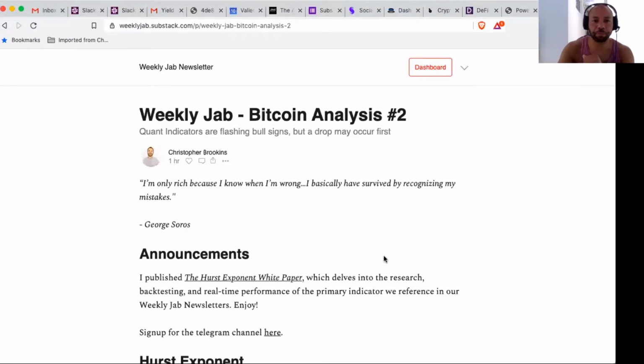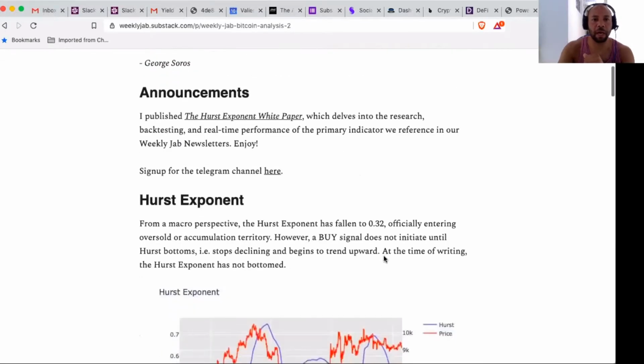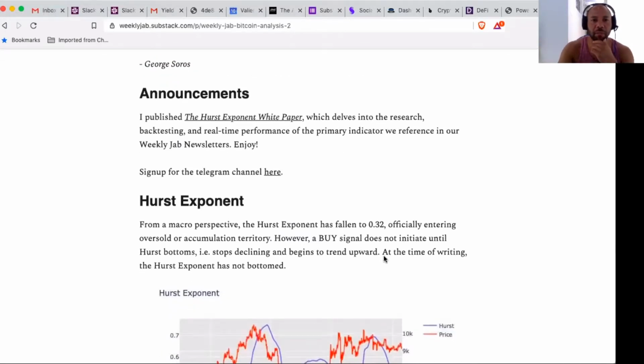All right, everyone. At the beginning here are just general announcements, which I think are important to briefly note. One of the main indicators and analytical tools that I reference in the Weekly Jab newsletter, but also in general if you follow me on Telegram, Twitter, or anything like that, is the Hearst exponent. I won't bore you with the details; we talked a little about it in the first video.